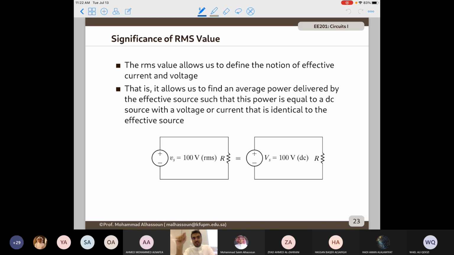At t equals 0, I'm getting, for example, this amount of power. At t equals 0.1 seconds, I'm getting that amount of power. At t equals 0.3 seconds, I'm getting that amount of power, etc. Because I have a source that's changing with respect to time, as a consequence the power is also changing. But just keeping track of the instantaneous power is not something that's useful to me. So I'm concerned about the average. So what is the average power of a DC source?